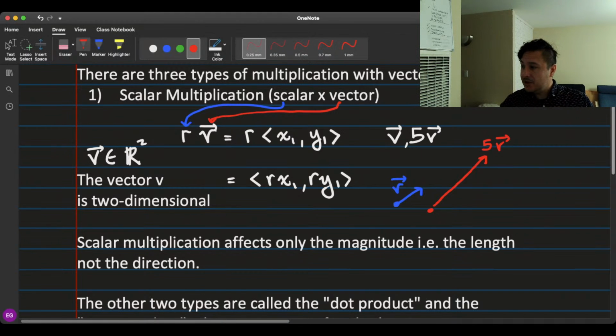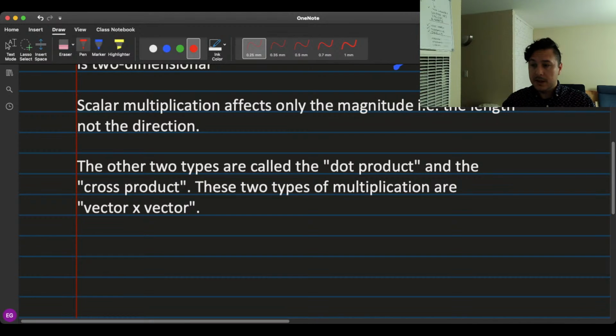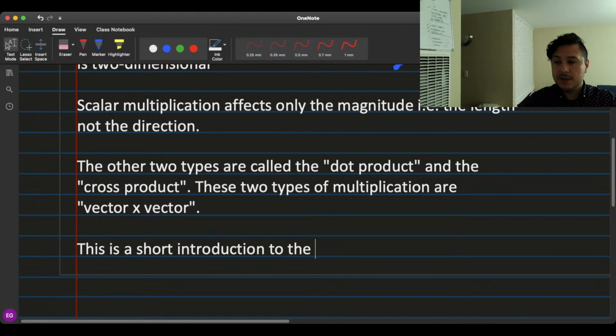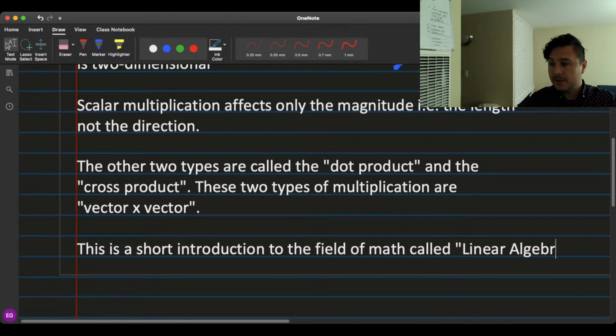If you're interested in this stuff, this all falls under what is called linear algebra. So this is a short introduction to the field of math called linear algebra.